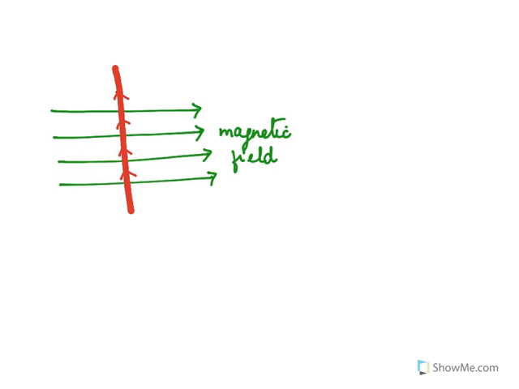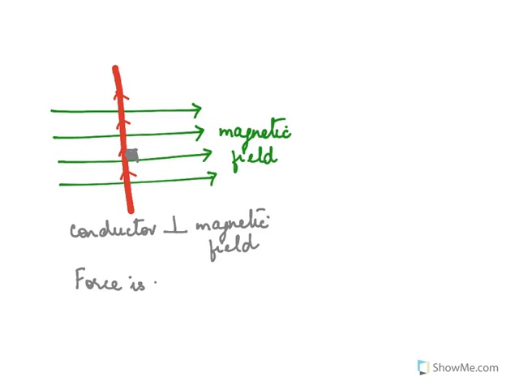Here current is flowing in the conductor, and the conductor is perpendicular to the magnetic field. The angle between them is 90. This angle here is 90. The conductor is kept at 90 degrees to the magnetic field. Then we find that the force is maximum.